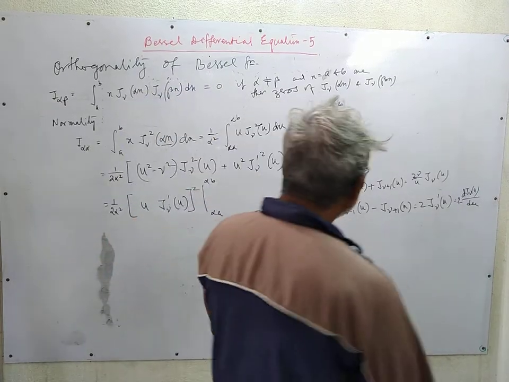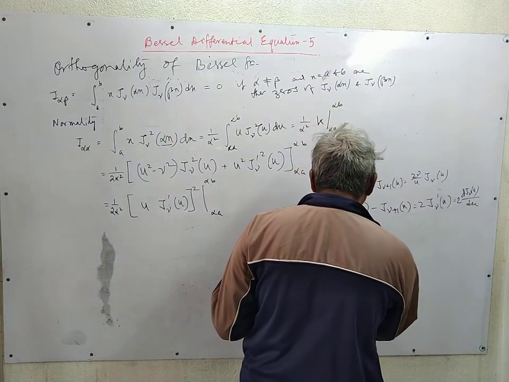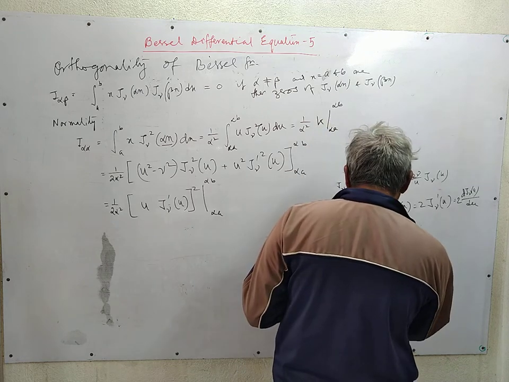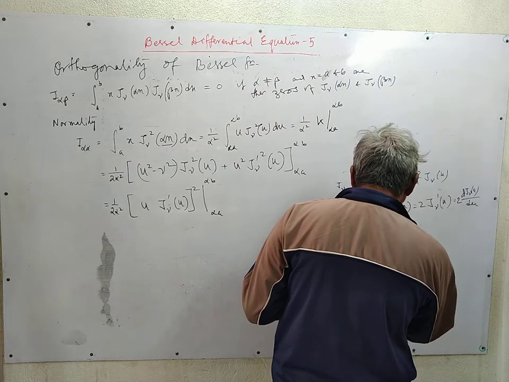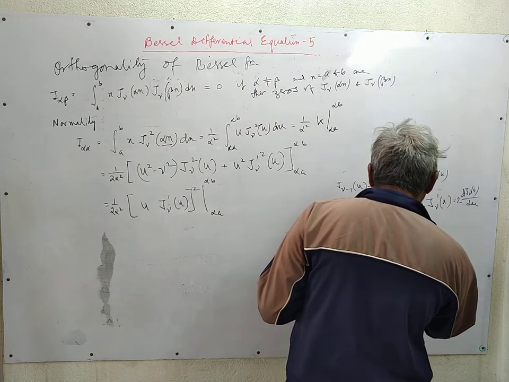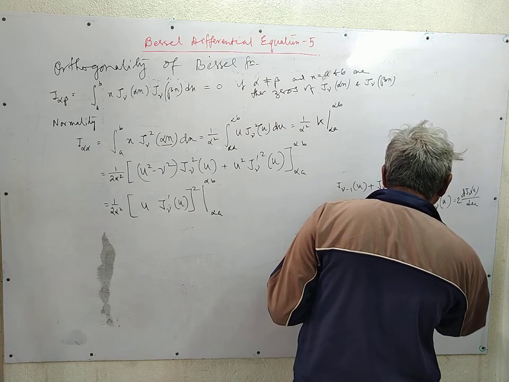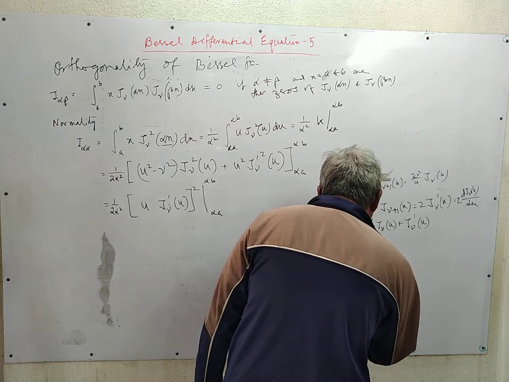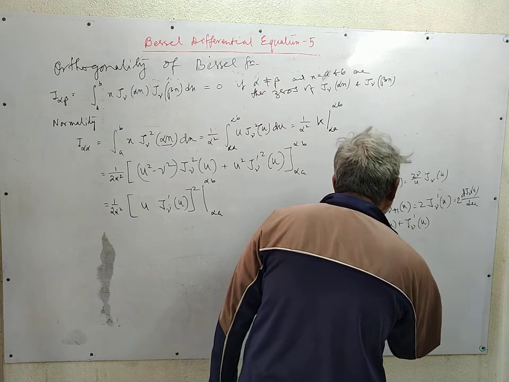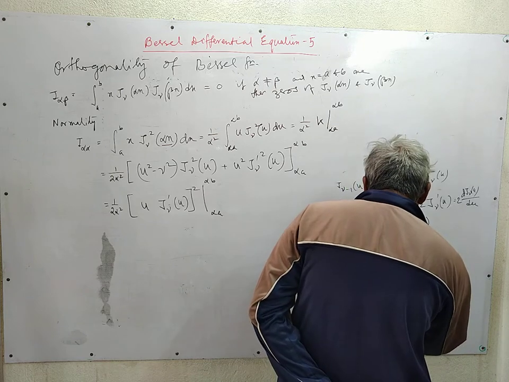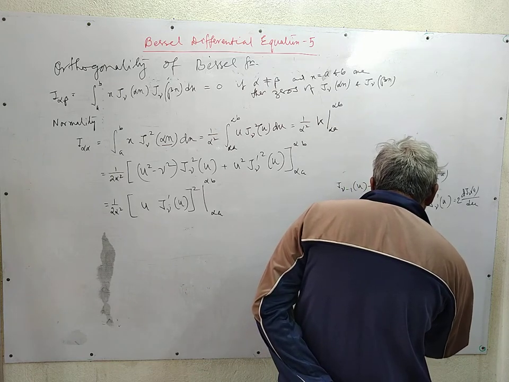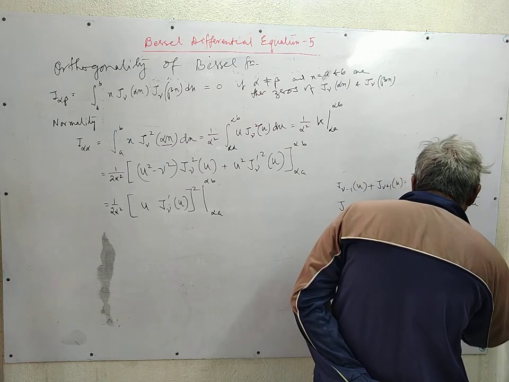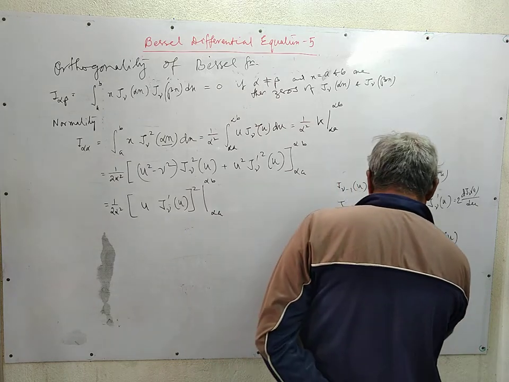Now if we add these two terms, we have J_(nu minus 1) of u is equal to nu by u J_nu of u plus J_nu prime of u, or J_nu prime of u is equal to minus nu by u J_nu of u plus J_(nu minus 1) of u. This is one relation.